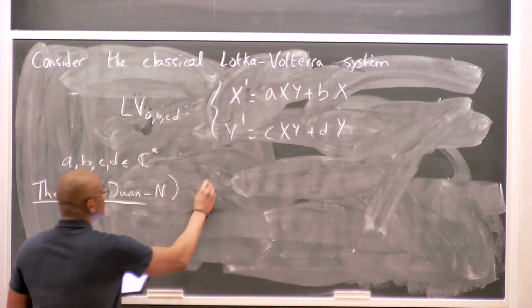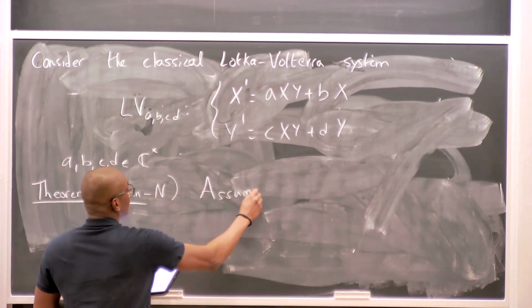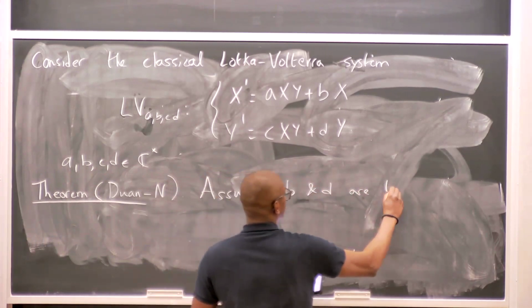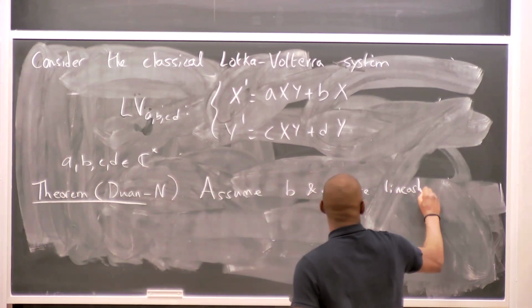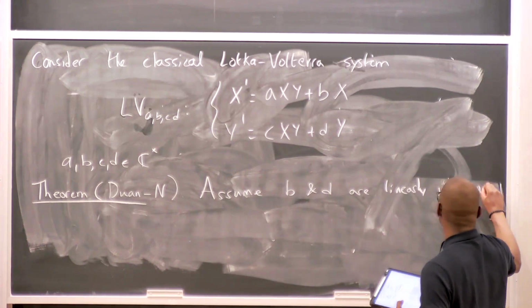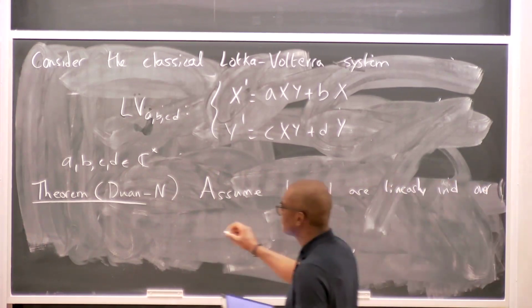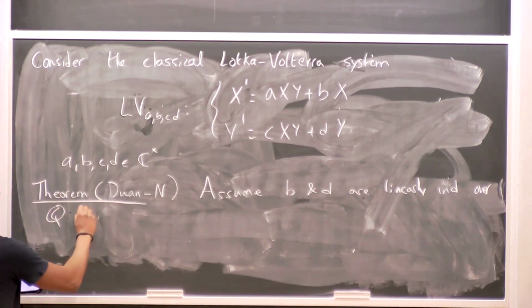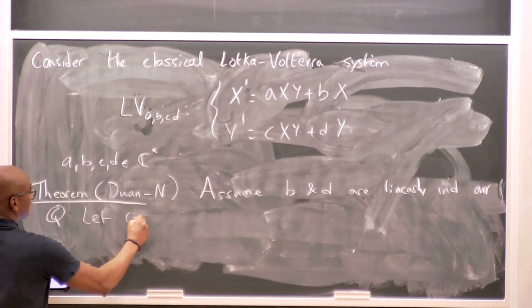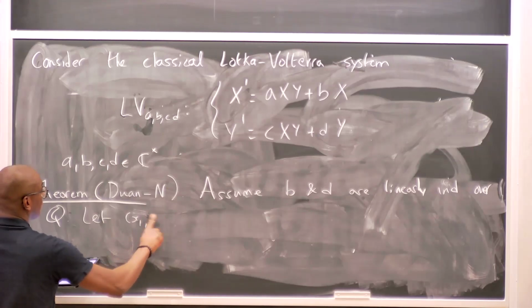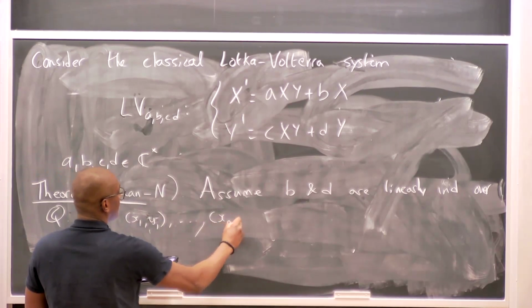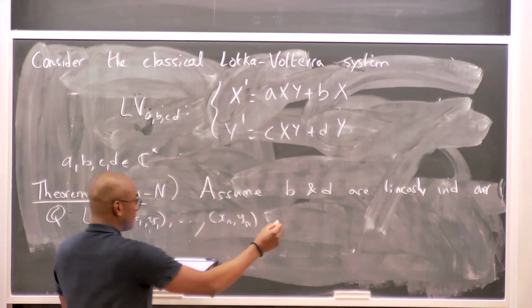So assume B and D are linearly independent over Q. Take x1, y1, ..., xn, yn distinct solutions.